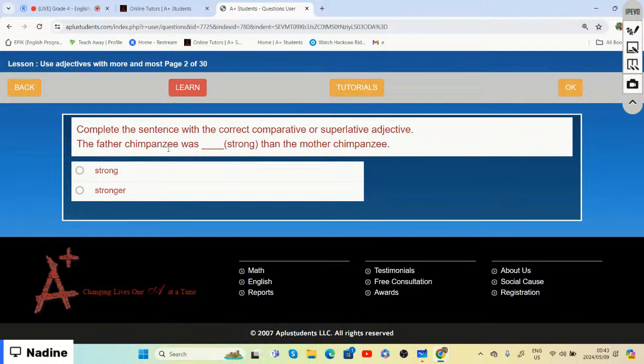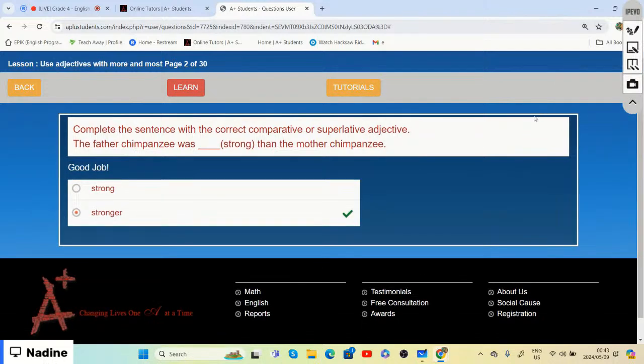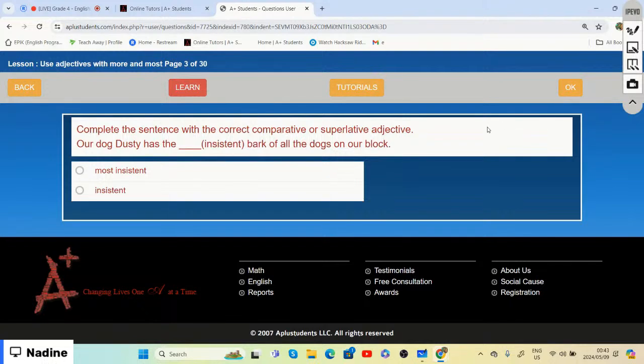All right, and if we were to select the correct one, we will say he was stronger than mother chimpanzee because we are comparing. It's a comparative adjective. So well done.